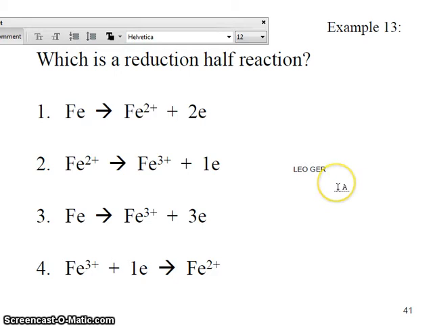Another one that you can use, but I don't personally like that a lot, is OIL RIG. Oxidation is loss of electron.